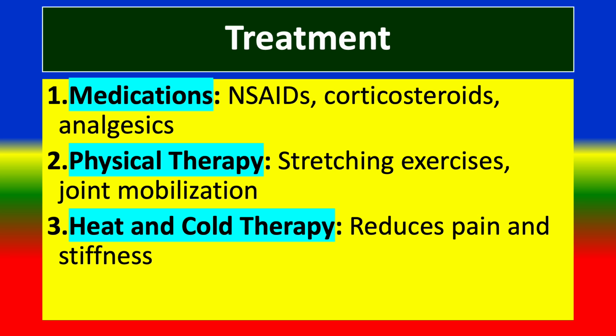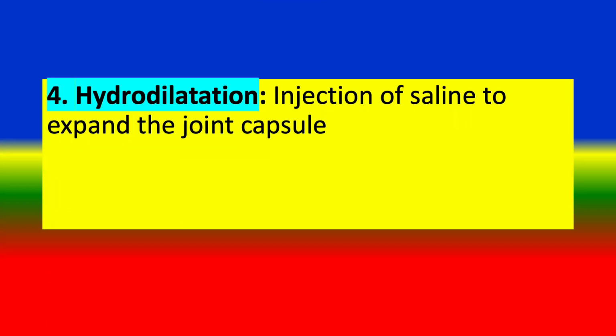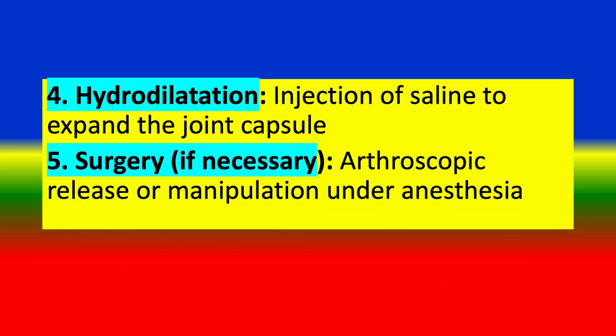Heat and cold therapy, reduces pain and stiffness. 4. Hydrodilatation, injection of saline to expand the joint capsule. 5. Surgery, if necessary: arthroscopic release or manipulation under anesthesia.